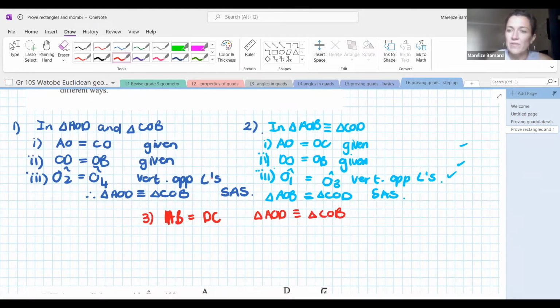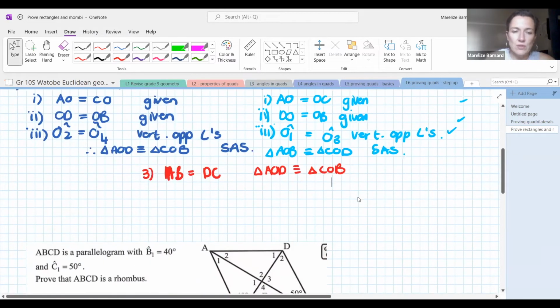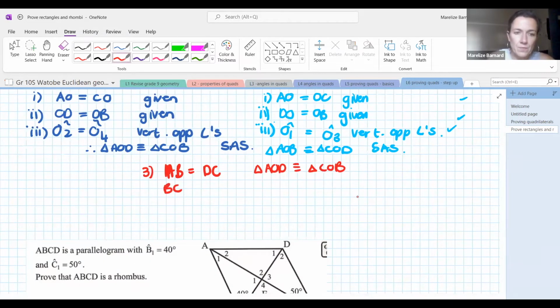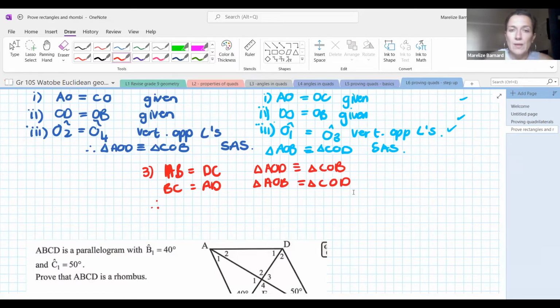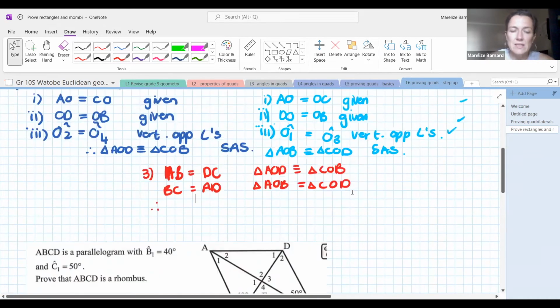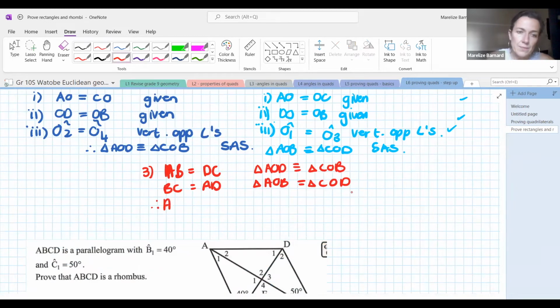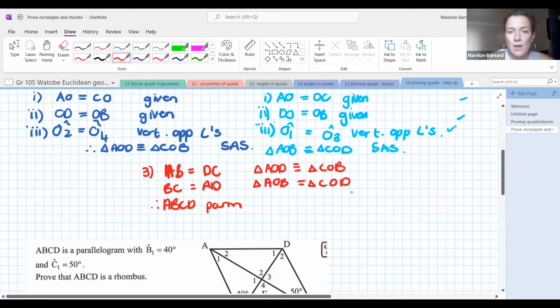Congruent triangles is not a valid reason. Okay, so AB is equal to DC, and then we can say BC is equal to AD. And the reason for that is that triangle AOB is congruent to triangle COD. Therefore, we can say that ABCD is a parallelogram. Both pairs of opposite sides equal.